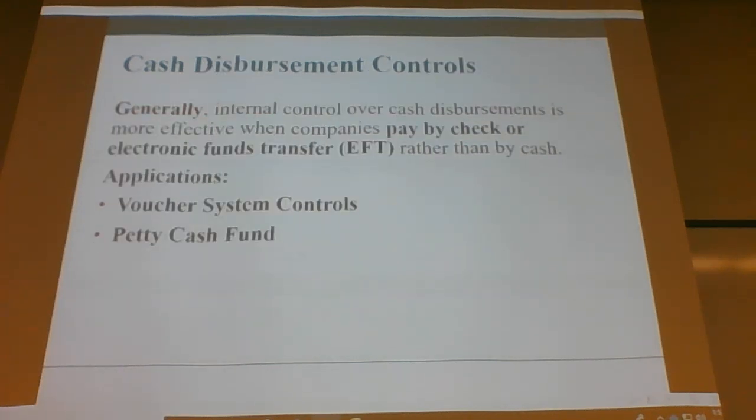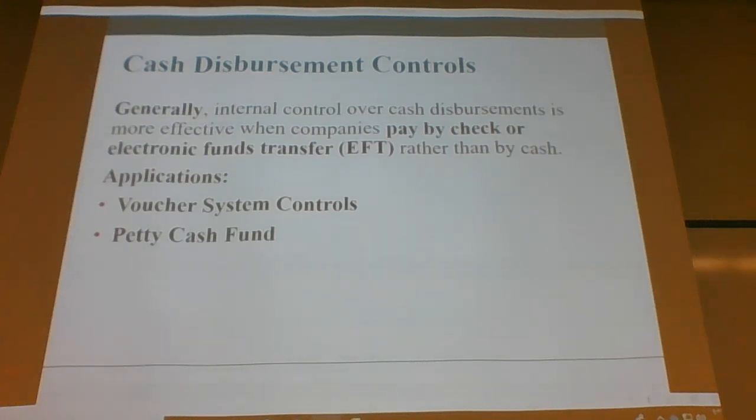Okay, so just as we have cash receipt controls, we also have cash disbursement controls, because we don't just have to protect the cash that's coming in, we have to make sure that the cash that's going out is supposed to be going out. So it says internal control is generally more effective when a company pays by a check or an EFT, electronic funds transfer.